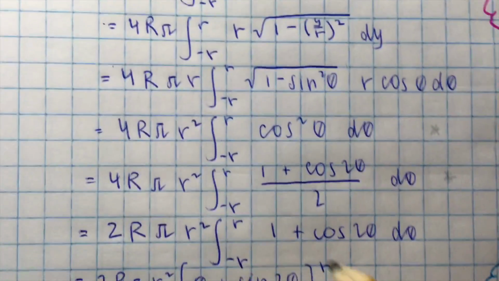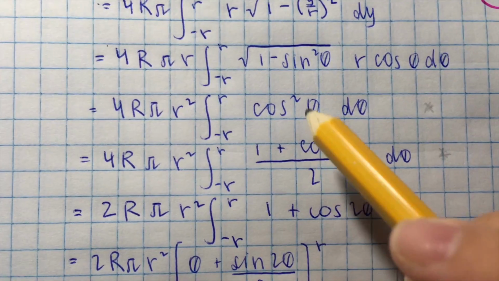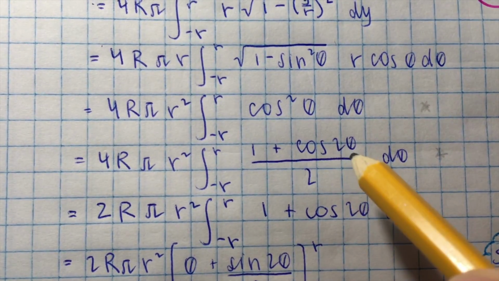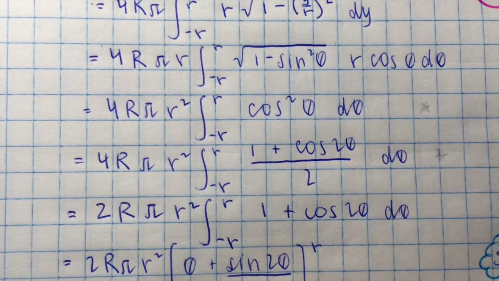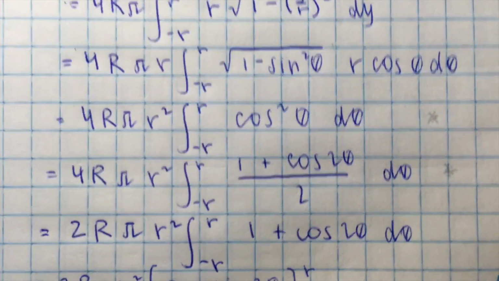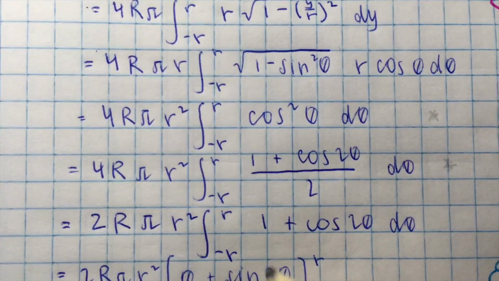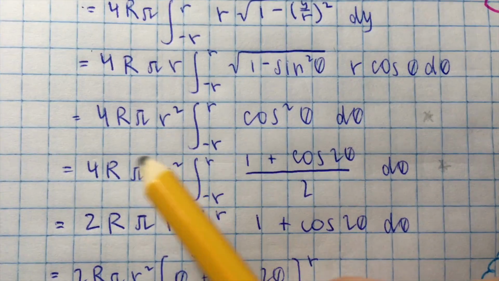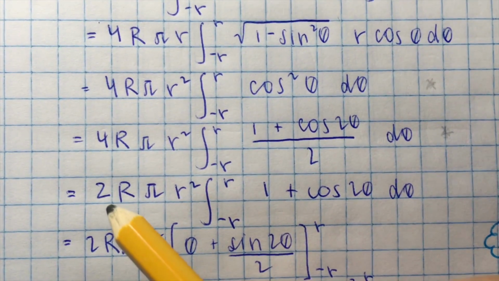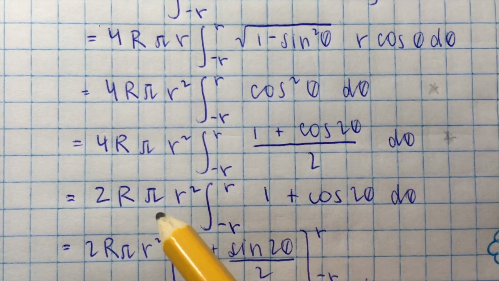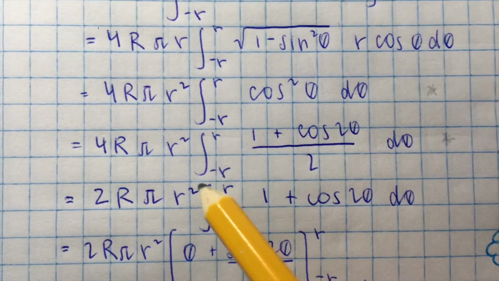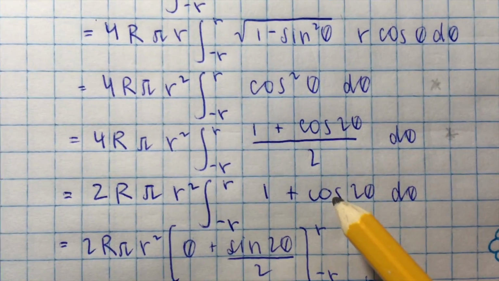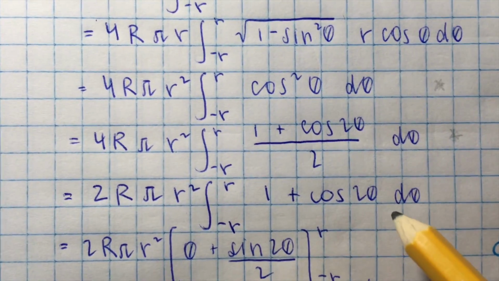And now, in order to make things easier, we can replace this with 1 plus cosine 2 theta over 2, as it is a trigonometric identity. And so we can cancel this 2 and this 4, and we're left with 2 big R pi r squared integral from negative r to r of 1 plus cosine of 2 theta d theta.